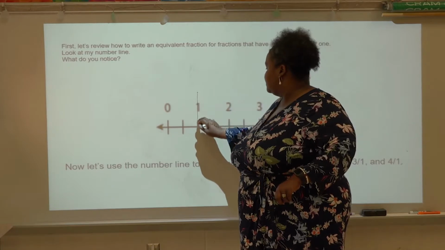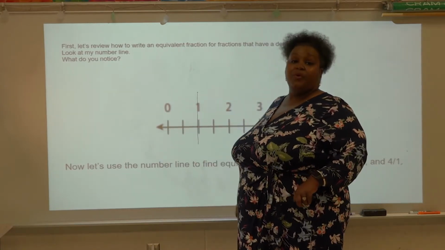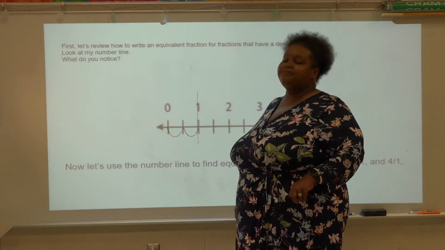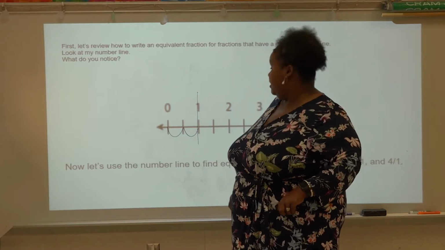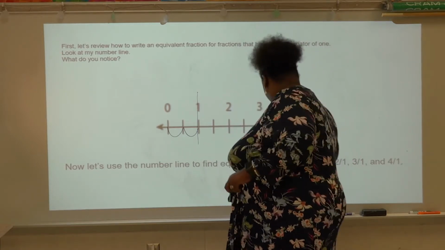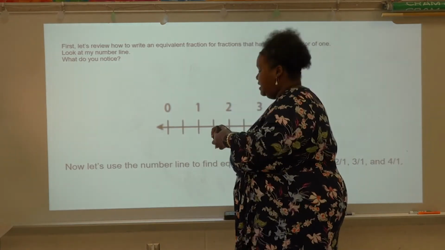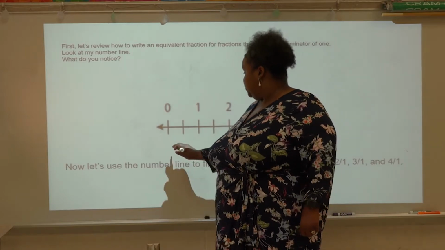How many equal pieces do I have between the 0 and the 1? Let's count them. 1, 2. So I know my denominator is going to be 2. Let's write that. For my whole number line, the denominator is going to be 2.